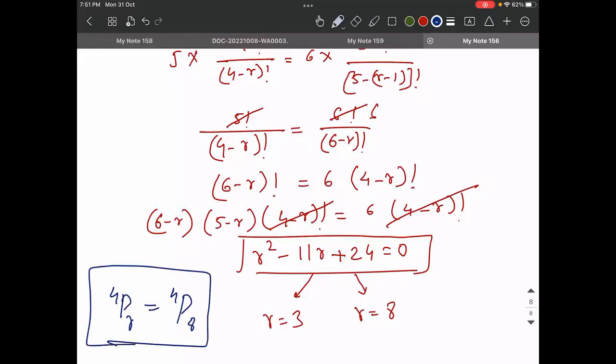Is it possible or not? 4P3 is possible, but 4P8 is not possible, because 4 minus 8 factorial is minus 4 factorial, and a negative factorial is not possible. We have factorial only for whole numbers, not for negative numbers.